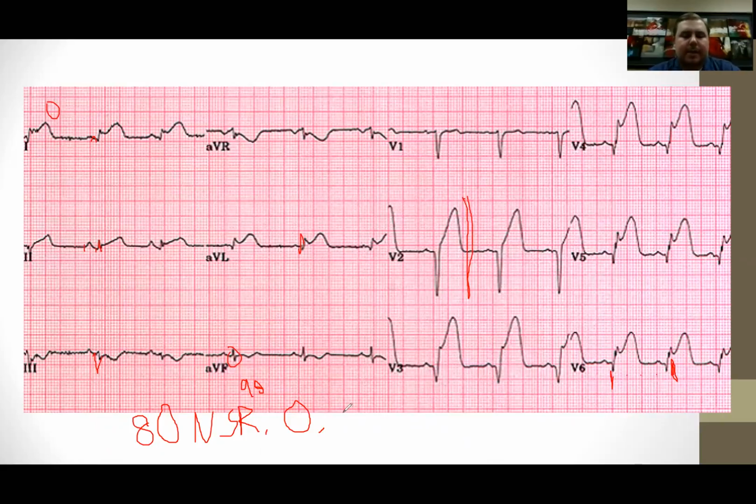So we don't have any interval problems. All that is null. Look for enlargement. aVL doesn't have a really big R wave, and it doesn't look like we have big enough S waves and R waves to call LVH. So this isn't LVH. I'll quickly look at V1, and this isn't right ventricular hypertrophy either. So that also is null.